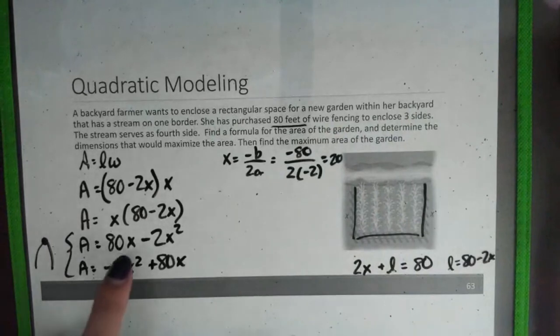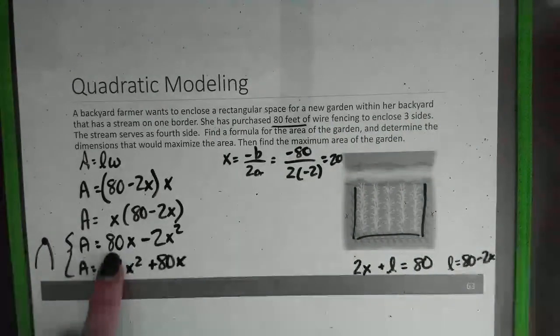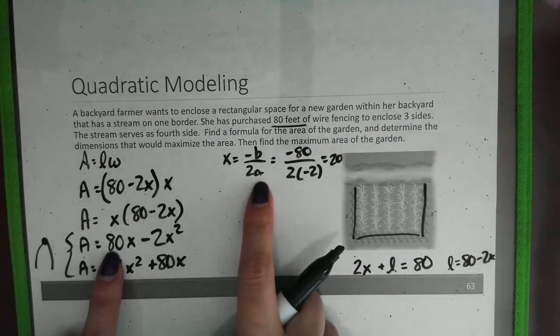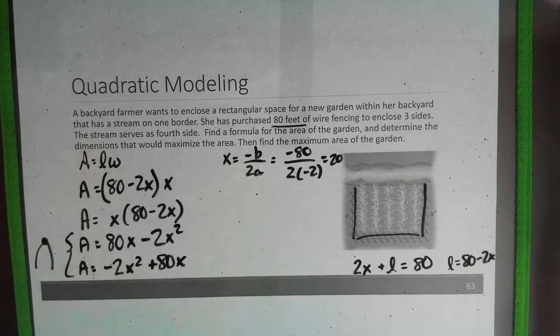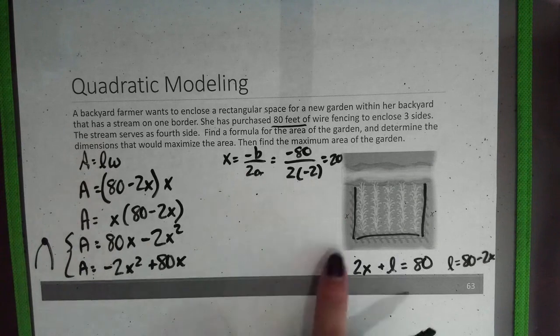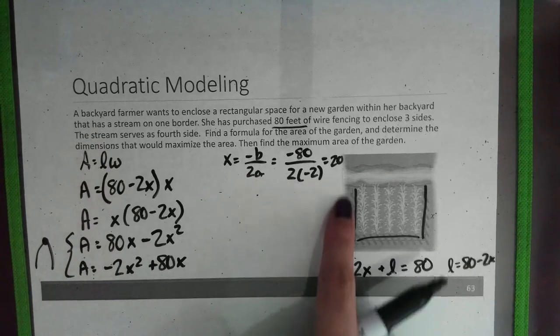If you do leave your area in this form, the 80x minus 2x squared, make sure you're still using the correct a and b values, because a, your lowercase a, is always the coefficient on x squared, and b is the coefficient on x. So just make sure you don't lose that. So we found the x value of the vertex, which is also the width.